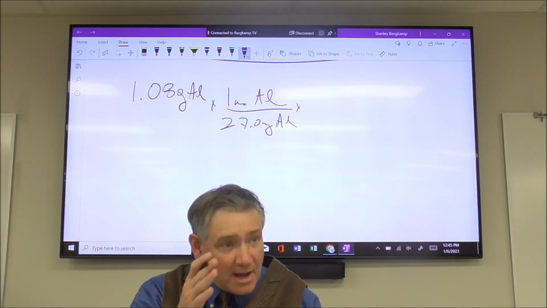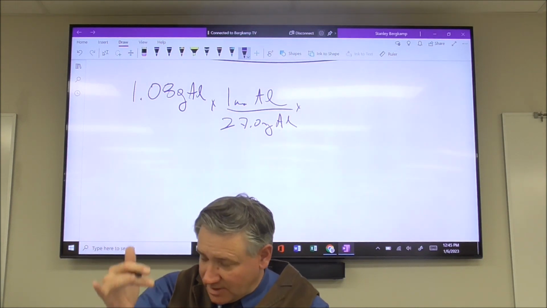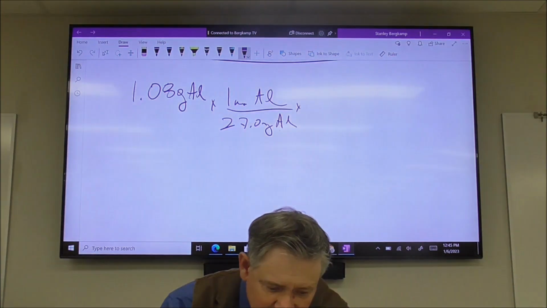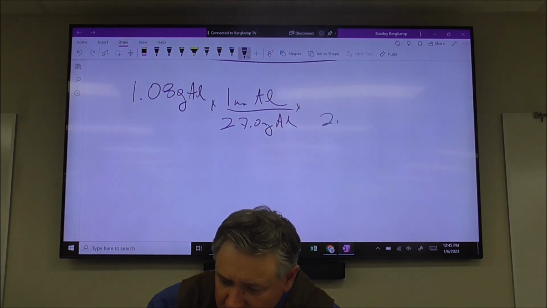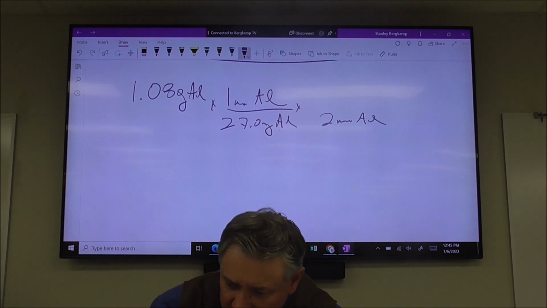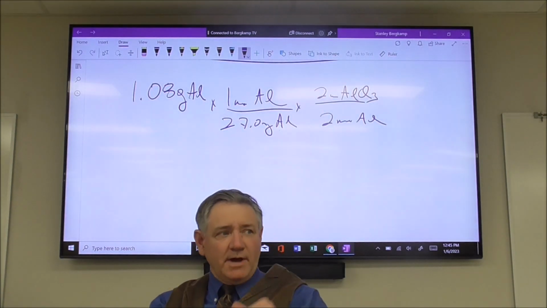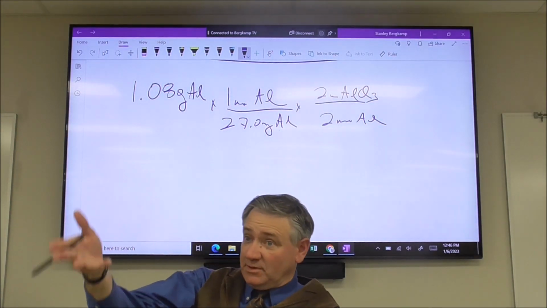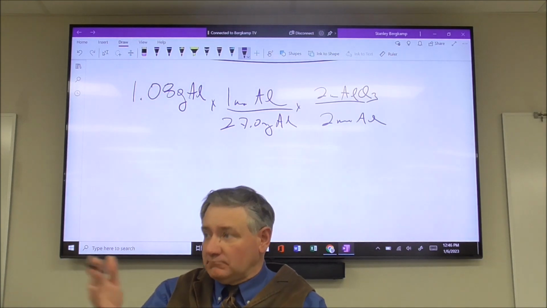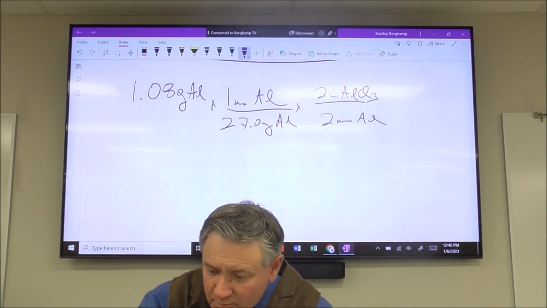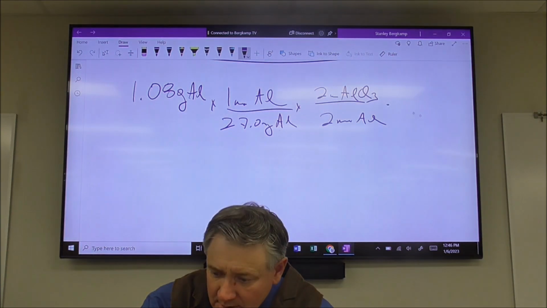Your balanced equation. Stoichiometric calculations. So in this case, you're going to have 2 moles of aluminum to every 2 moles of aluminum chloride. If you stop right now, what do you have? Moles of aluminum chloride. Now, what do you ultimately want to end up in? Grams.